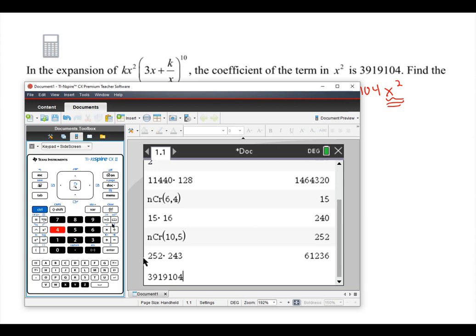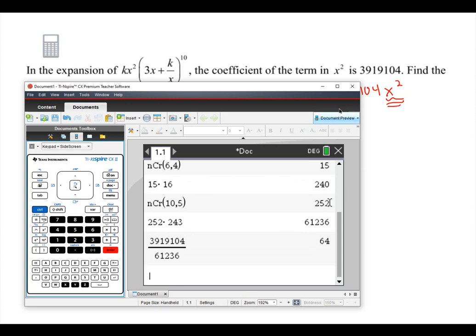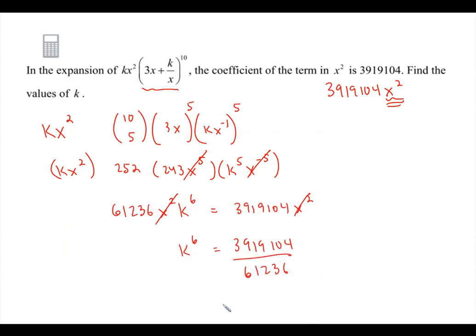We end up with 64, right? So k to the 6 is equal to 64, so that means k is going to equal plus or minus 2, right?